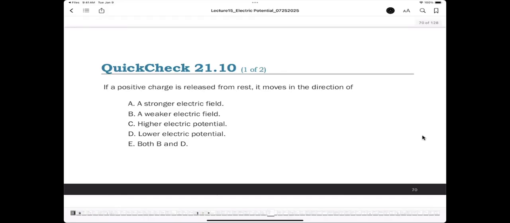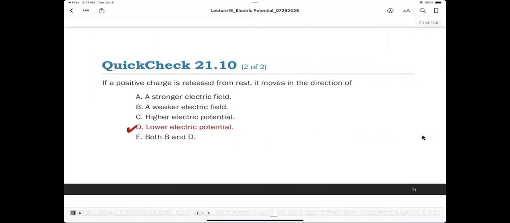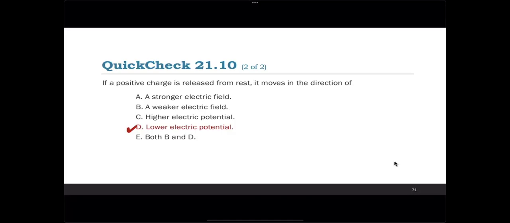If it's a positive charge, it should go to lower electric potential, because a positive charge goes toward the negative charge, and the negative charge has a lower electric potential.